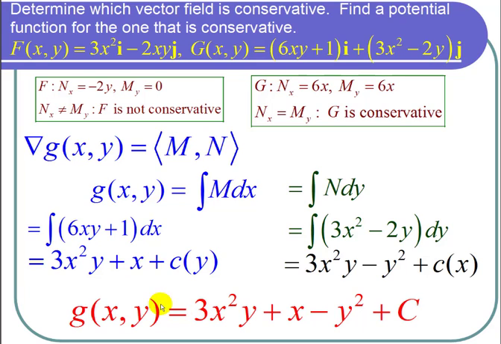So I can conclude that the potential function for our vector field capital G of x, y is equal to little g of x, y, which is 3x squared y plus x minus y squared plus some constant c. And I'm done with the problem.